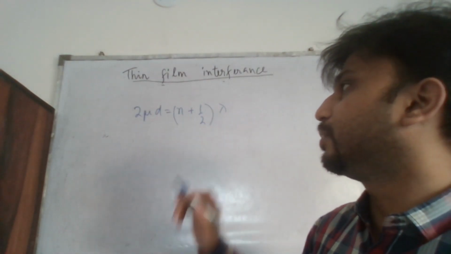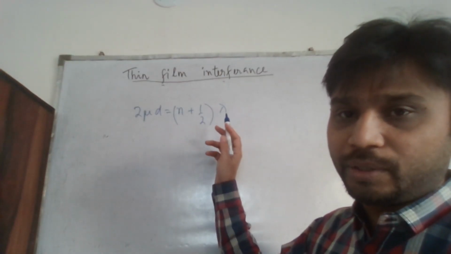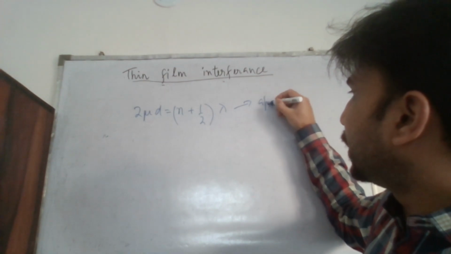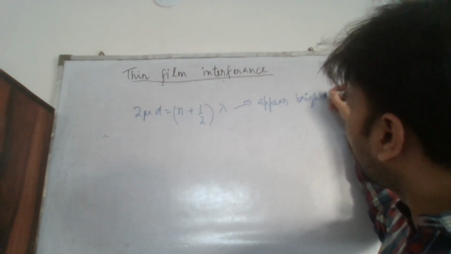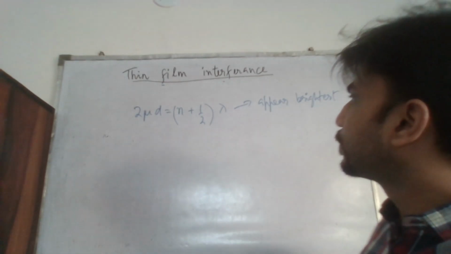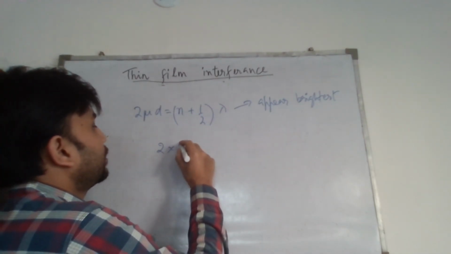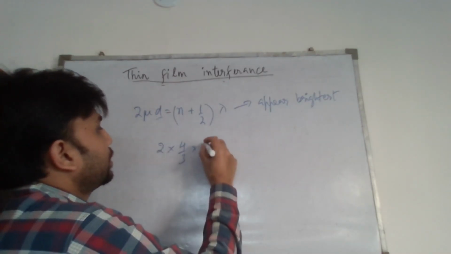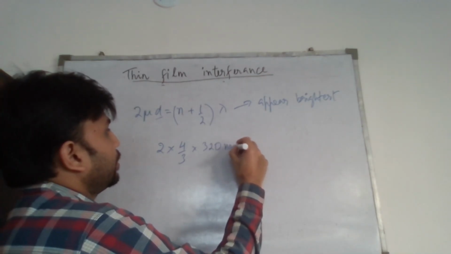For that we'll find the particular wavelength required which will produce the brightest reflection. Refractive index is given as 4 by 3. Distance d, thickness, is given as 320 nanometers.